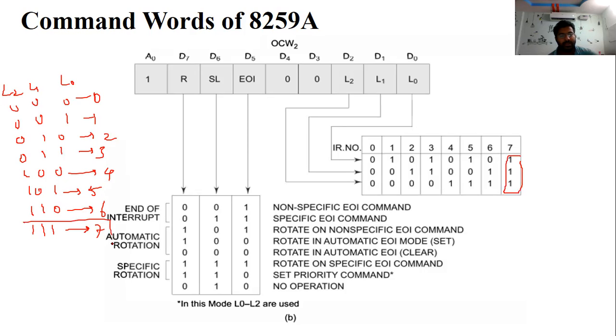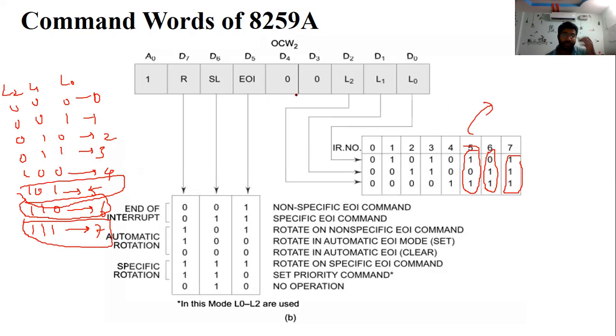7 means here this one, then 6 means this. Simply 101 is 5. So the 3 bits are indicated in this one. The remaining ones, end of interrupt control, SL and R, are given to this one. These are the 3 bits, and these are also the 3 bits, nothing but the end of interrupt.